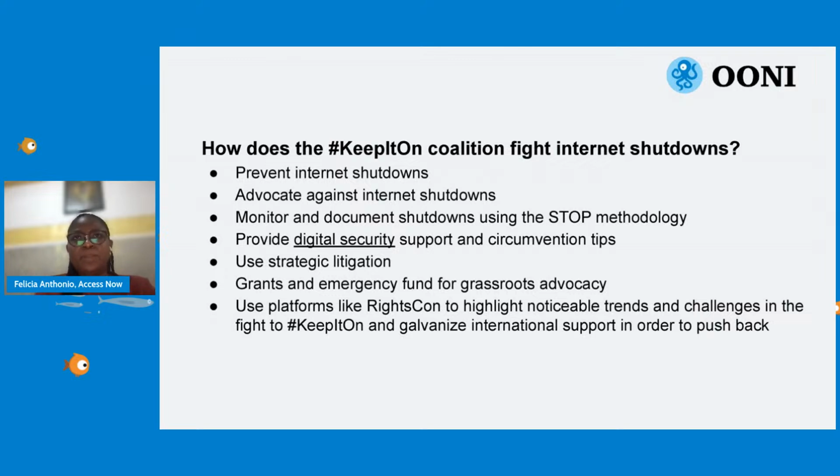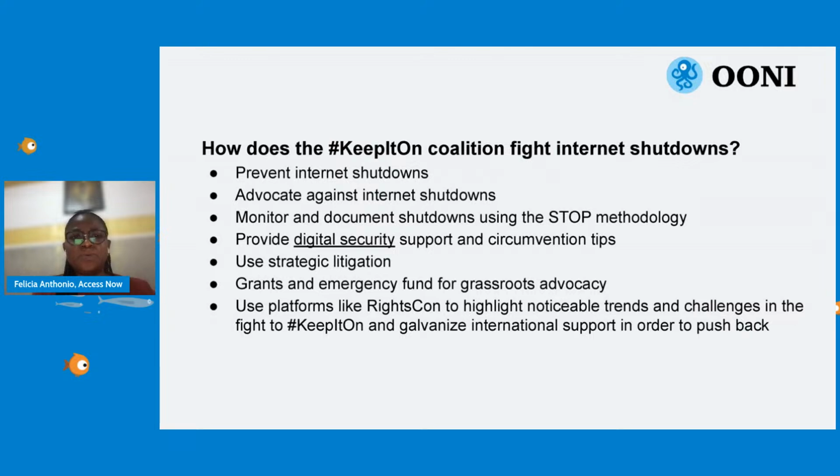We name and shame authorities that impose internet shutdowns. And most importantly, we monitor and document each case of shutdown that happens. And this information is curated under our STOP project, which is the Shutdown Tracker Optimization Project, which I'll speak more about in the next slide.